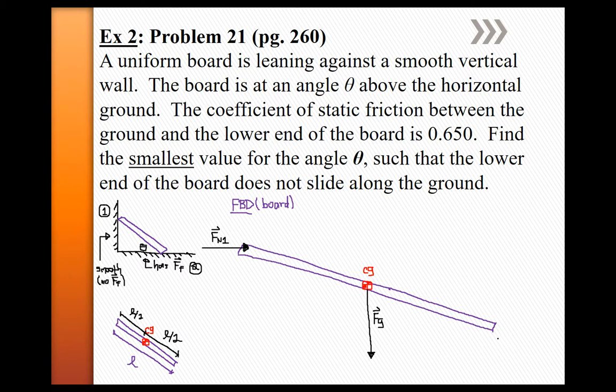Now on the right end, you have a normal force. This time it's perpendicular to the ground and towards the object, so that's going to point straight up. We're going to label that as Fn2.